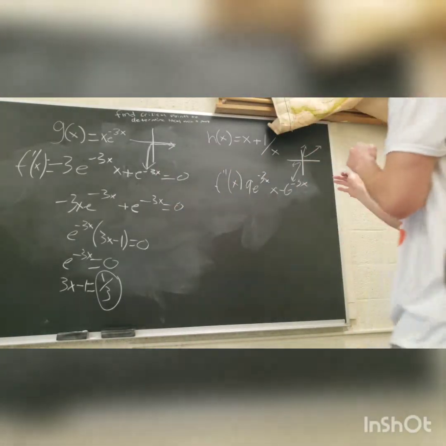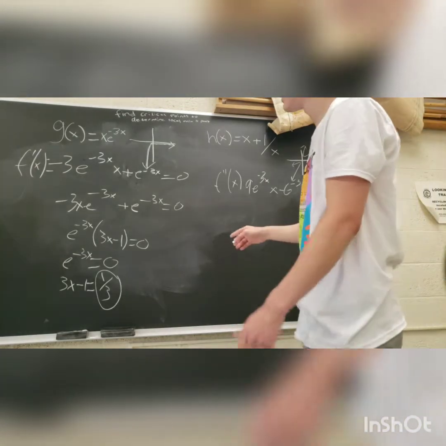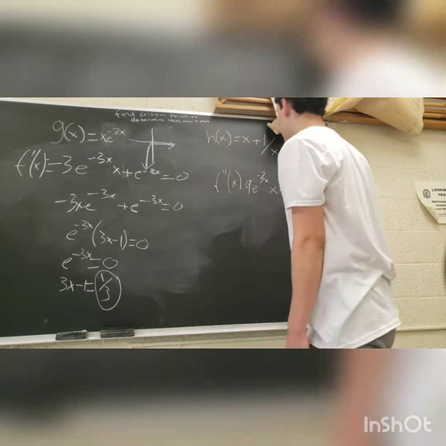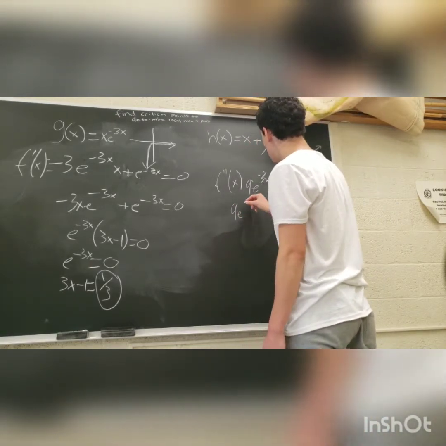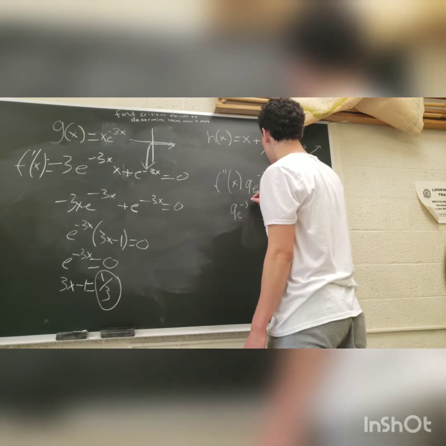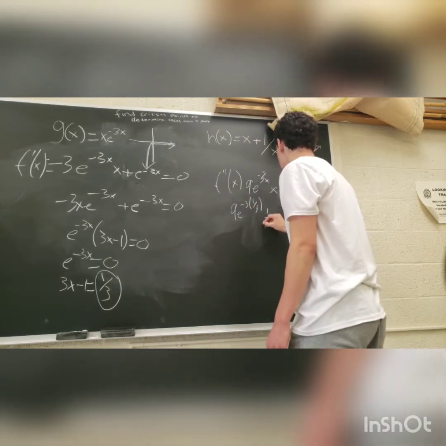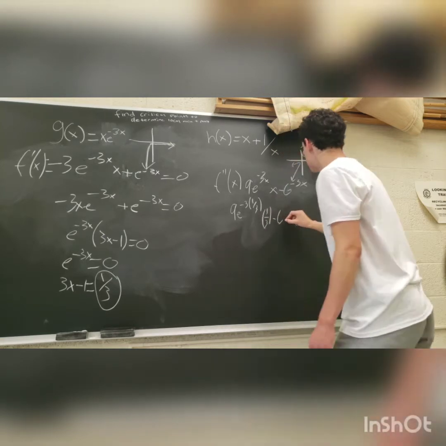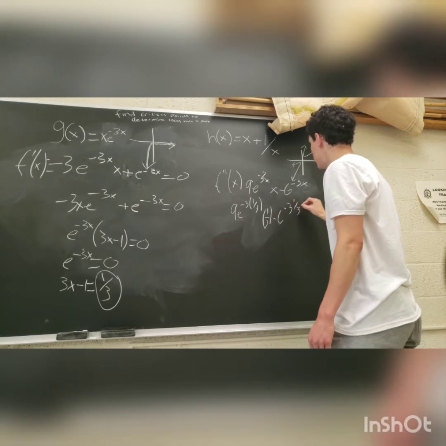Once you get your second derivative, it's quite easy to find the local min or max. All you do is plug the critical point we found into x. So we'll go 9e to the negative 3 times 1/3, times 1/3, minus 6e to the negative 3 times 1/3.